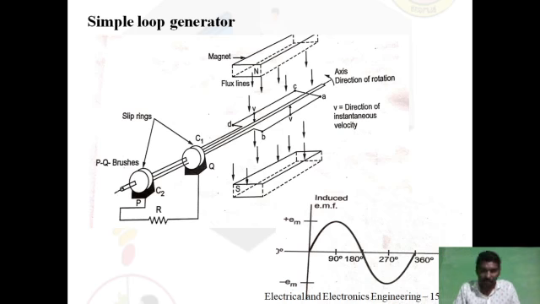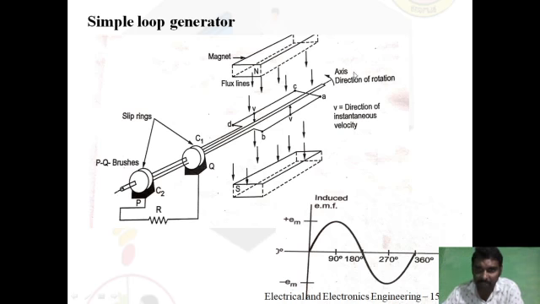At the front end, one terminal, D, is connected to C1, and the other terminal, B, is connected to slip ring C2. In turn, the slip rings are connected to brushes, and the brushes are connected to a resistive load.